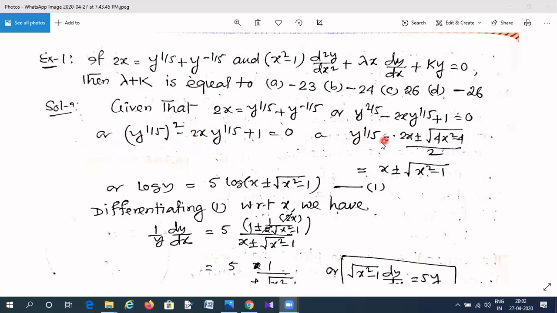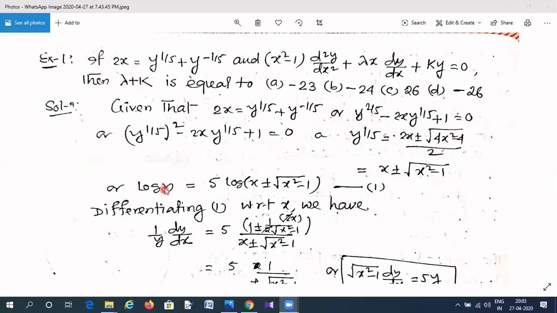So y to the power 1/5 is equal to minus b, that is minus of minus 2x, that is 2x, plus minus root over b square, b square means (2x) square, that means 4x square, minus 4ac, a means 1, c means 1, by 2a, a means 1. So that will become x plus minus root over x square minus 1.